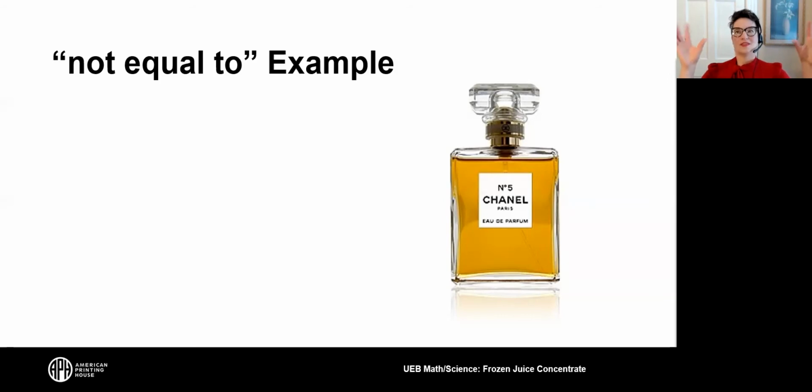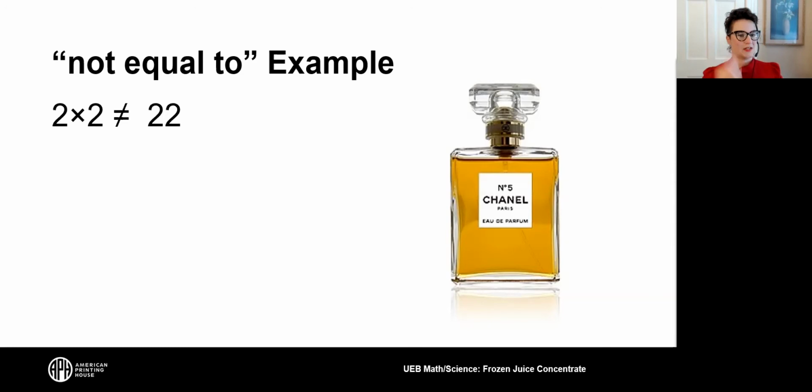So with the smell of Chanel number 5 in our brains, let's look at a not equal to example. 2, and then we have a cross multiplier, a little X multiplier, 2, not equal to 22. So the Braille for this is going to use our UEB symbol for the multiplier, sometimes called the cross multiplier, that looks like a little X in the middle of a line.